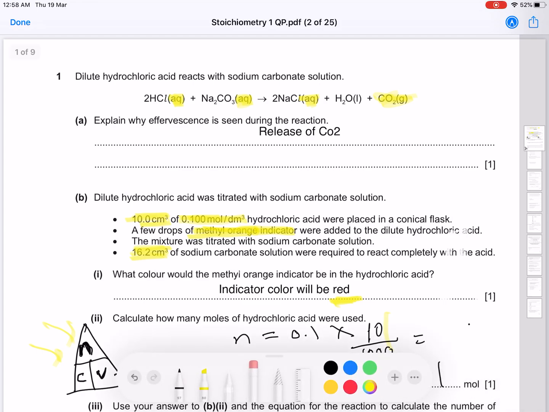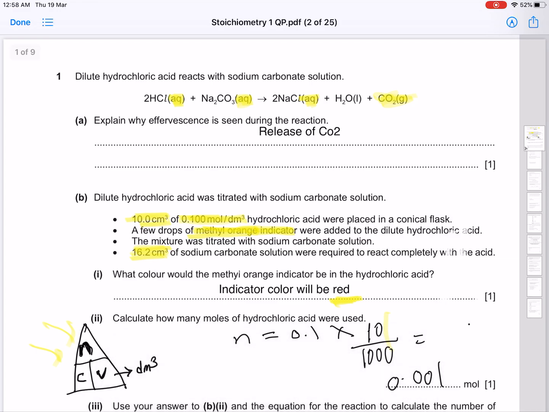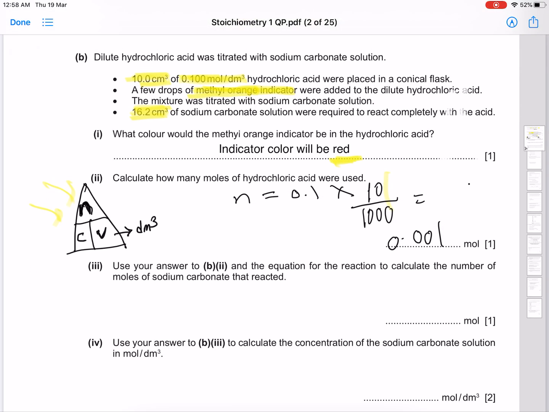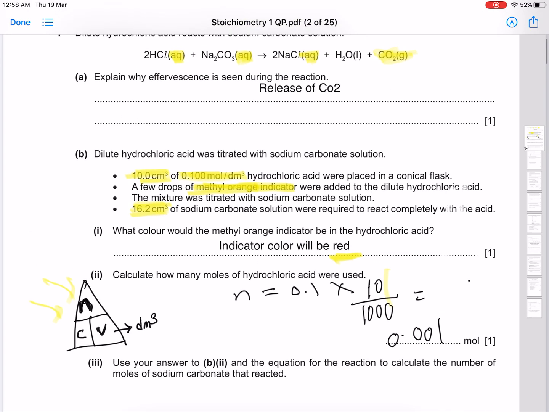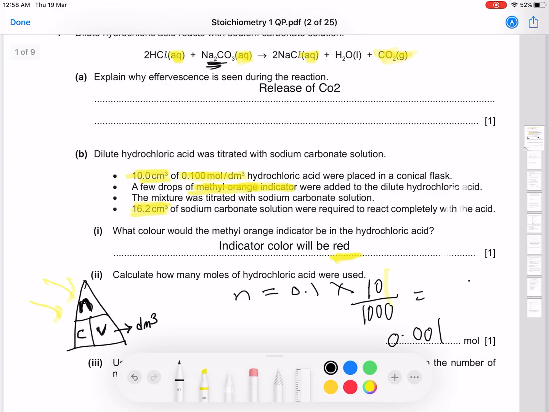Okay, now let's move to the next question. Use your answer in B II and the equation for the reaction to calculate the number of moles of sodium carbonate that has reacted. Obviously, the ratio here is 2 to 1. So that means the moles of the sodium carbonate should be half of the moles of the HCl.